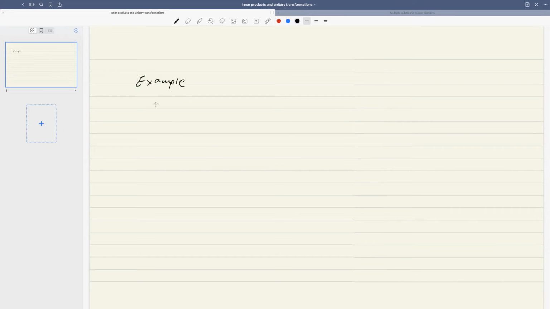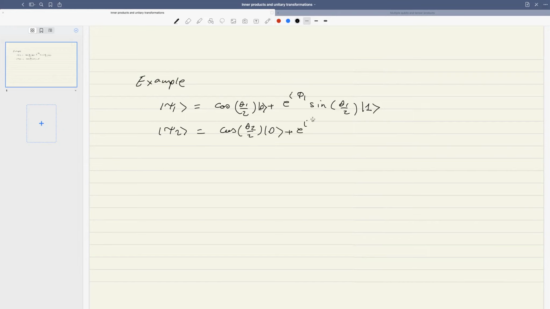Let's say psi 1 equals cosine theta 1 over 2 times 0, plus e to the i phi 1 sine theta 1 over 2 times 1. And then psi 2, again something similar with angles theta 2 and phi 2.